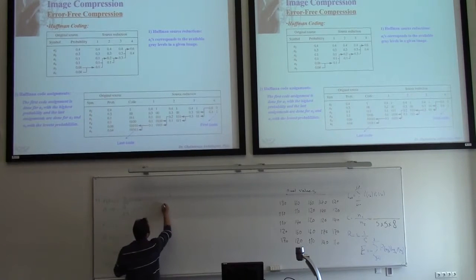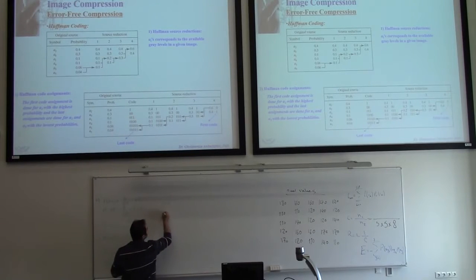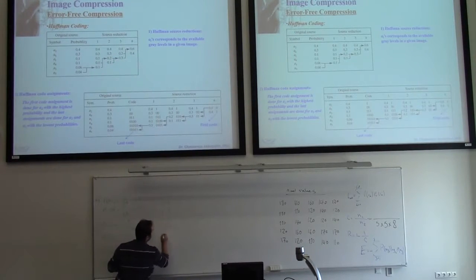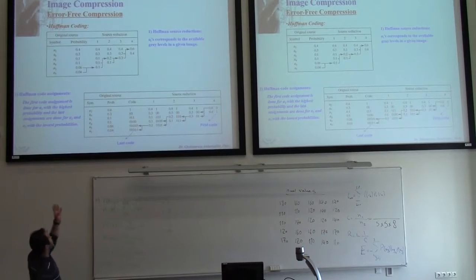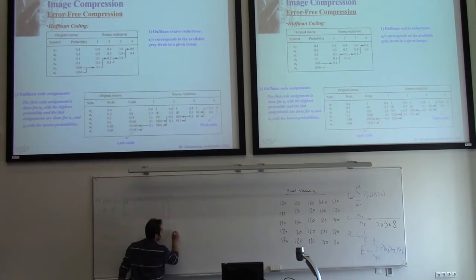This one is 0.2. It doesn't matter which one you use. 0.2, 0.2, 0.16, 0.12, and 0.04. And also, as you can see here, we have to add these values together.